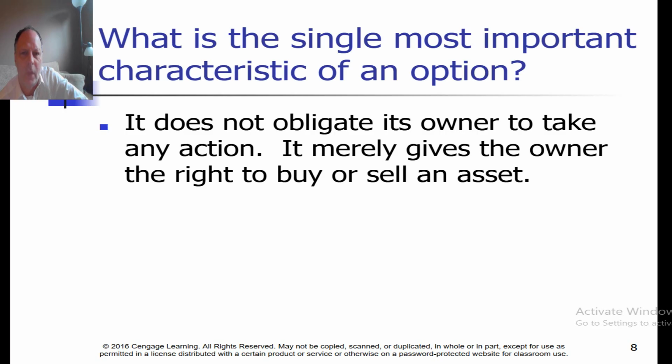As a result of this, most of the time, the seller of options makes money and the buyer of options loses money. Just like most of the time, the insurance company makes money and those buying insurance lose money. They are buying the product to lower their risk. They don't expect to make a profit off their car insurance.